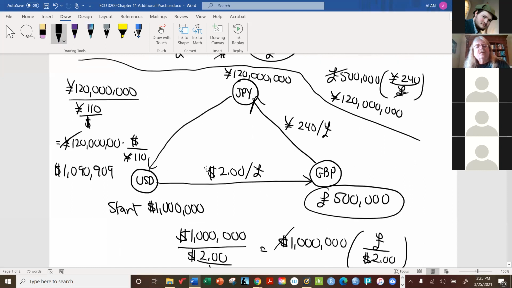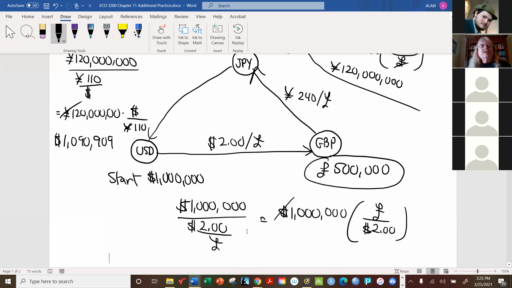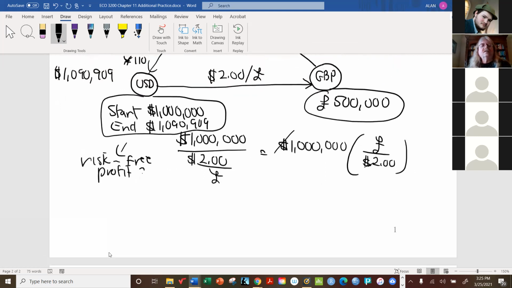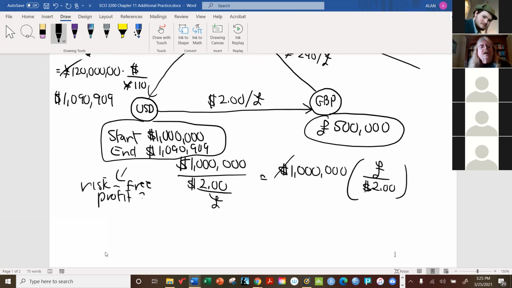So that tells me that we did our job, because we started with only $1 million, and all of a sudden here we are with more than that, $1,090,909. So we made a risk-free profit, just three little transactions, equals $90,909.